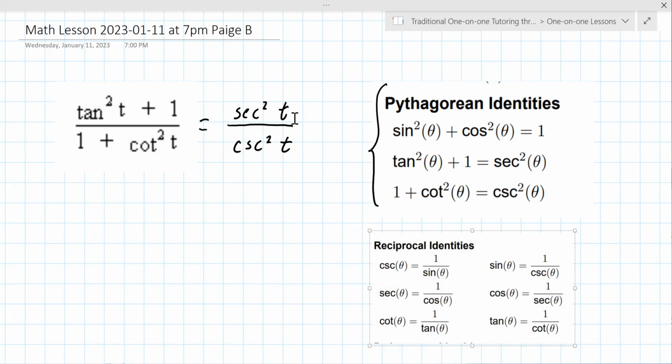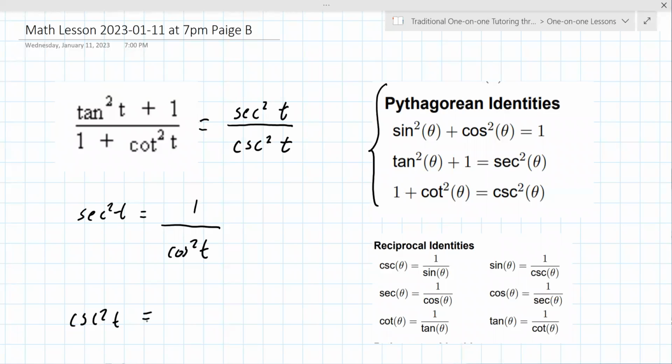So secant squared, if we look at the reciprocal ones here, is really 1 over cosine squared. Okay, and then cosecant squared is 1 over sine squared t. Okay, so why does this matter?